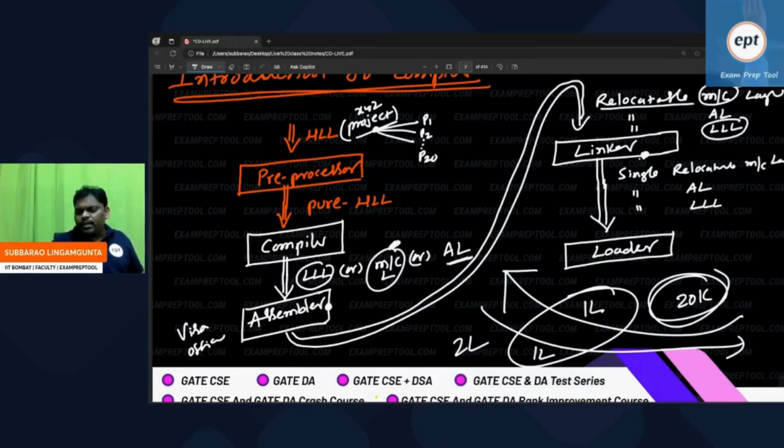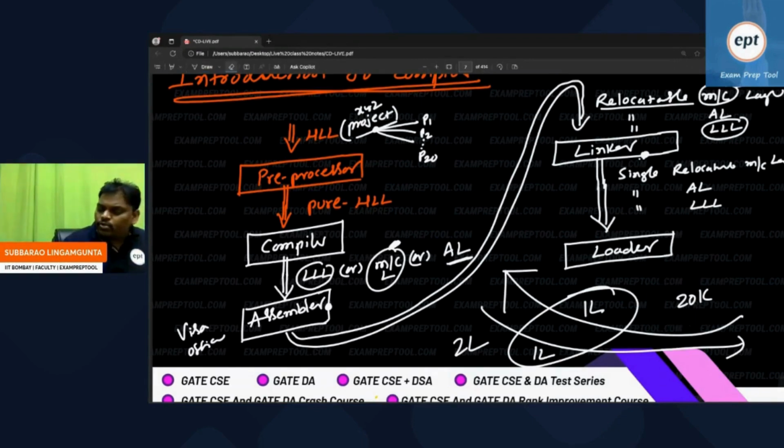Some people are asking, sir, whenever language is processing, can I do it without the linker? Without the linker, relocatable code only will go to the processor. While running, if one of the files is missing, again you have to come back. So it is a troublesome task. The best idea is please link it. All the necessary things will be linked. Then you will get the single relocatable machine language that will go to the loader.